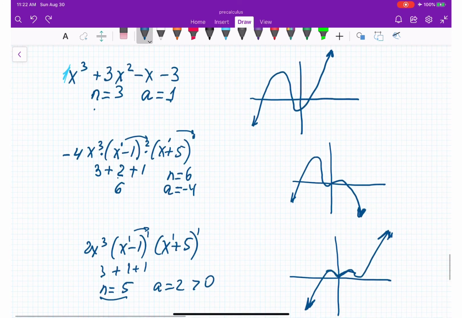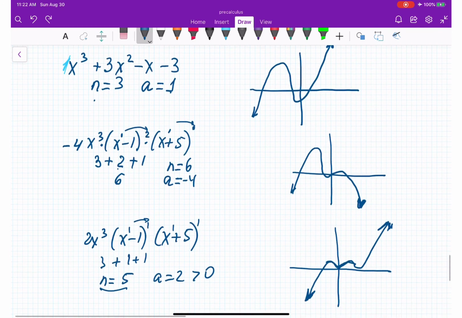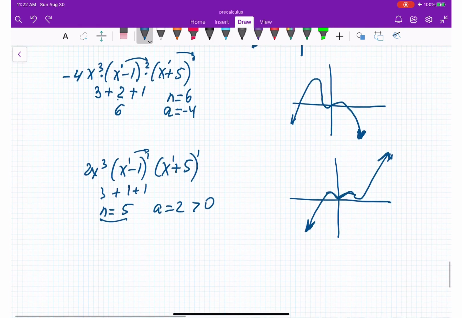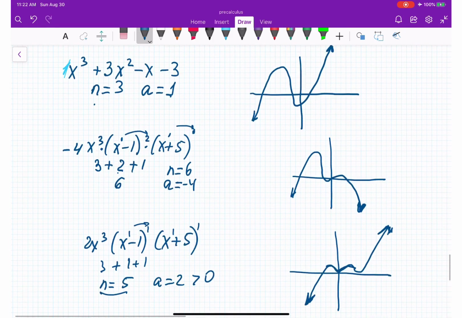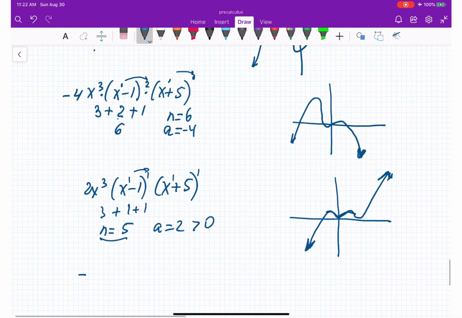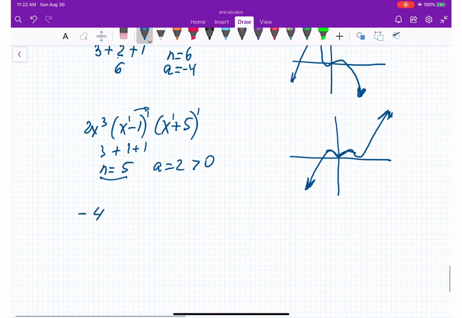And let's do one more. Negative 4x to the 4 plus 8x cubed plus 4x squared plus 2. Highest degree here is 4, because there's no multiplication, it's clearly seen.